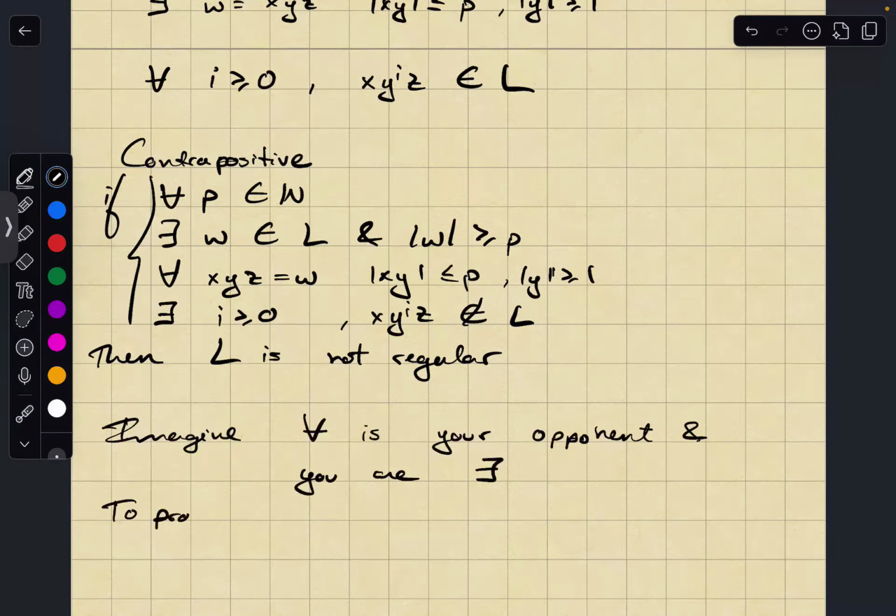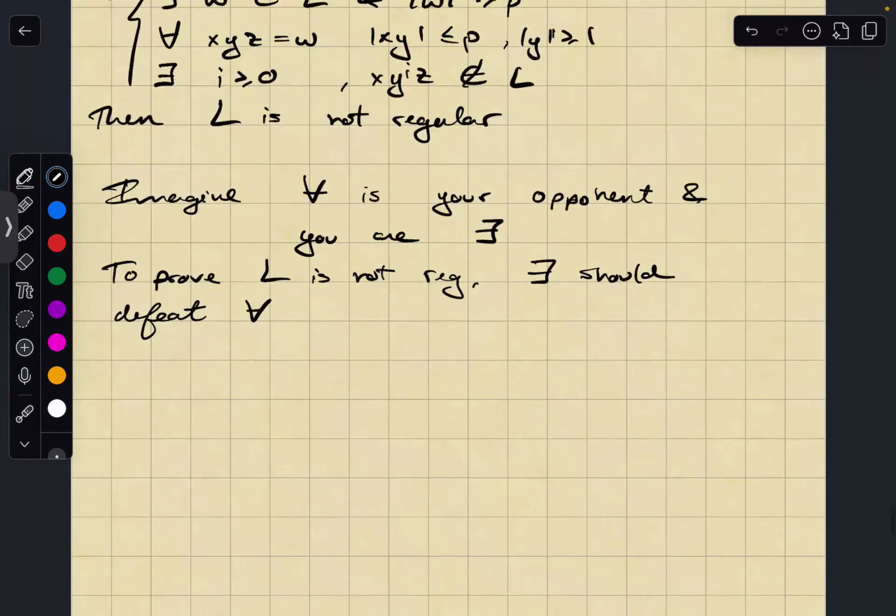To prove L is not regular, the existential should defeat the for all, right? This is the general idea. And you can use this kind of strategy in the midterm. It's perfectly acceptable. If you don't want to use the strategy and you want to do something else, then that's also cool. Just make sure that it's correct.